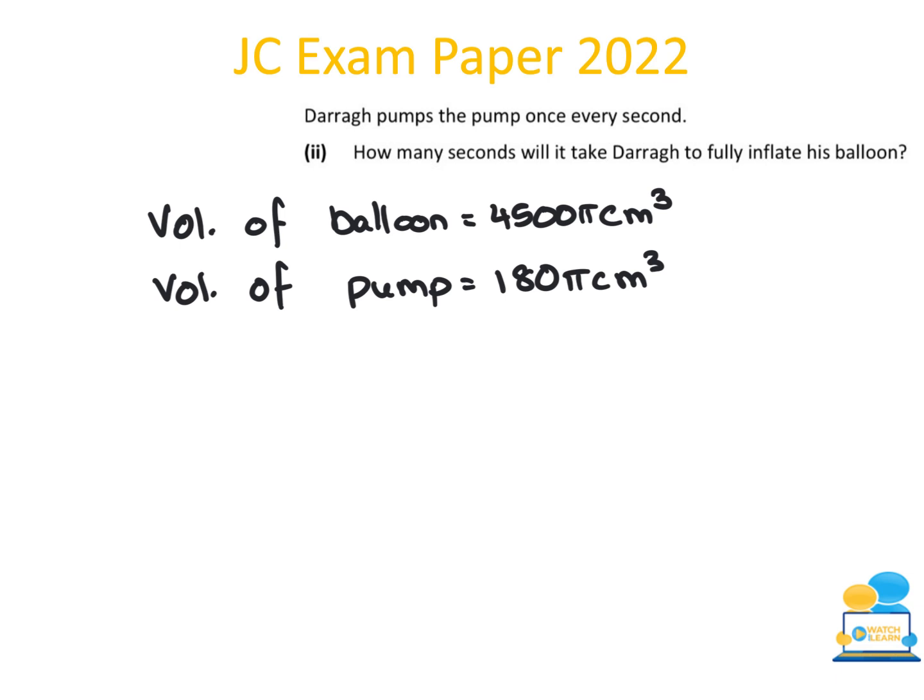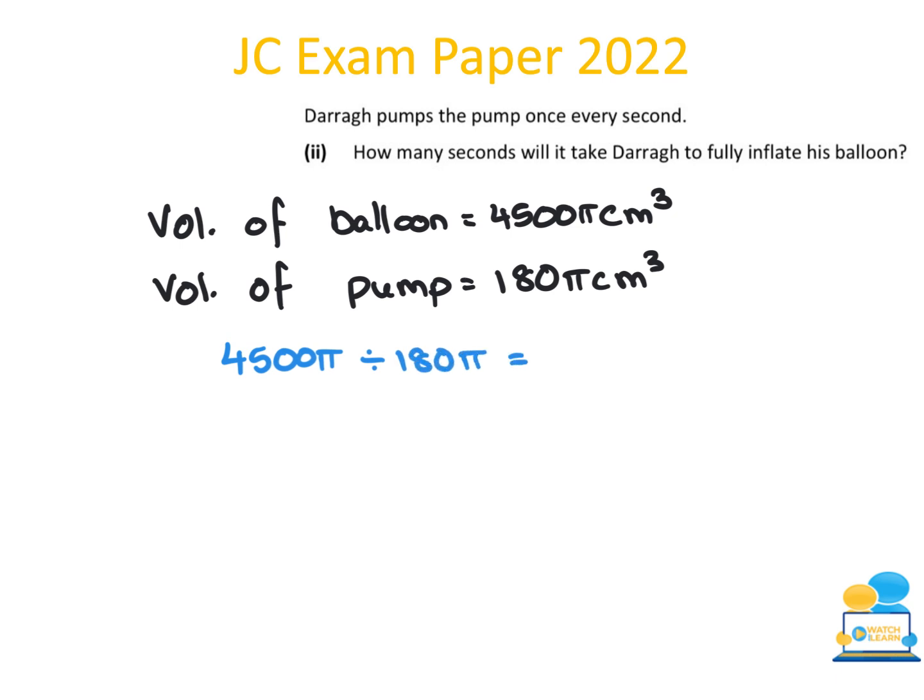So we need to figure out how many times the volume of the pump will go into the volume of the balloon. And that will tell us how many seconds it takes him to pump up this size of a balloon. So to do this, we're going to use the operation division, and we're going to see 4,500 pi, how many times we can divide into it 180 pi.